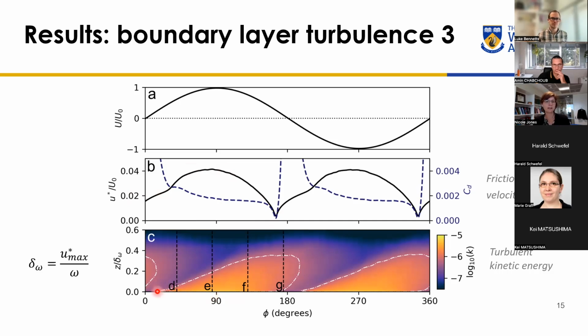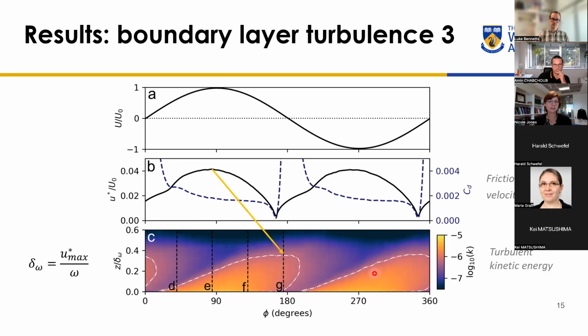What we can see is that the turbulent kinetic energy is growing in each cycle to some maximum, and then as the boundary layer separates, it decays again back towards the bed, and each cycle or half cycle, this starts again.